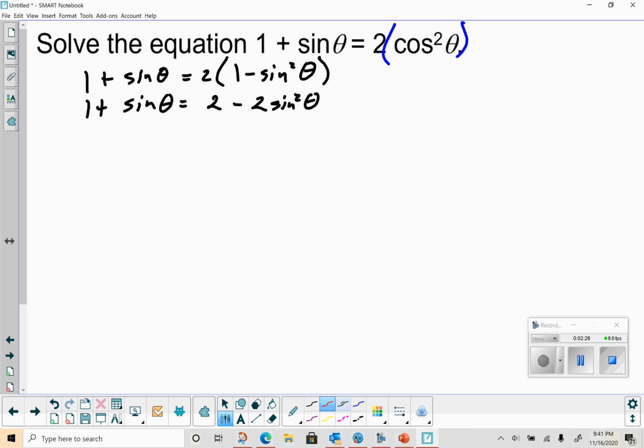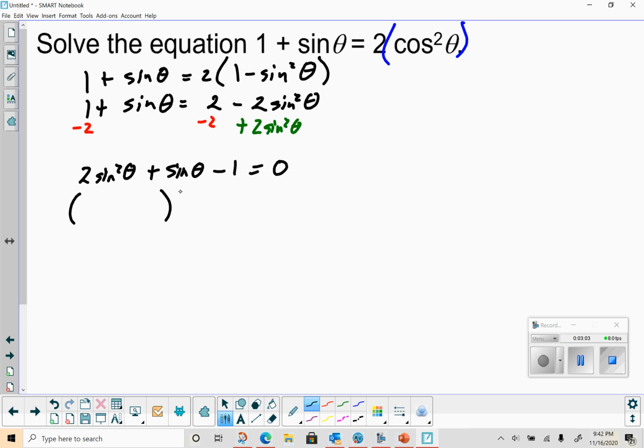So again, we'll have to add 2 sine squared theta to both sides. And then we'll subtract 2, oh look, like terms. So we'll get 2 sine squared theta plus 1 sine to the first theta minus 1 equals 0. So again, putting them in descending order of degree, getting it set equal to 0, that's step 1.